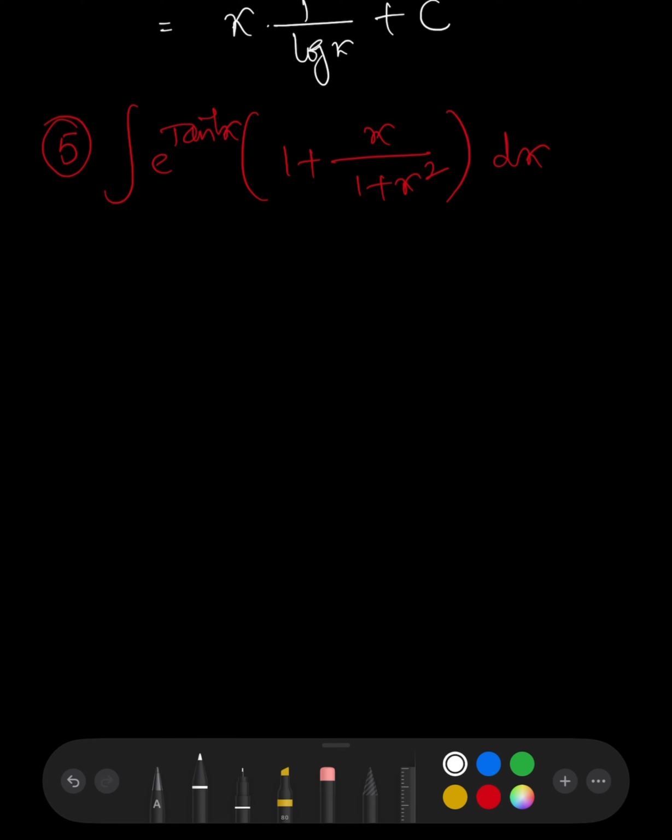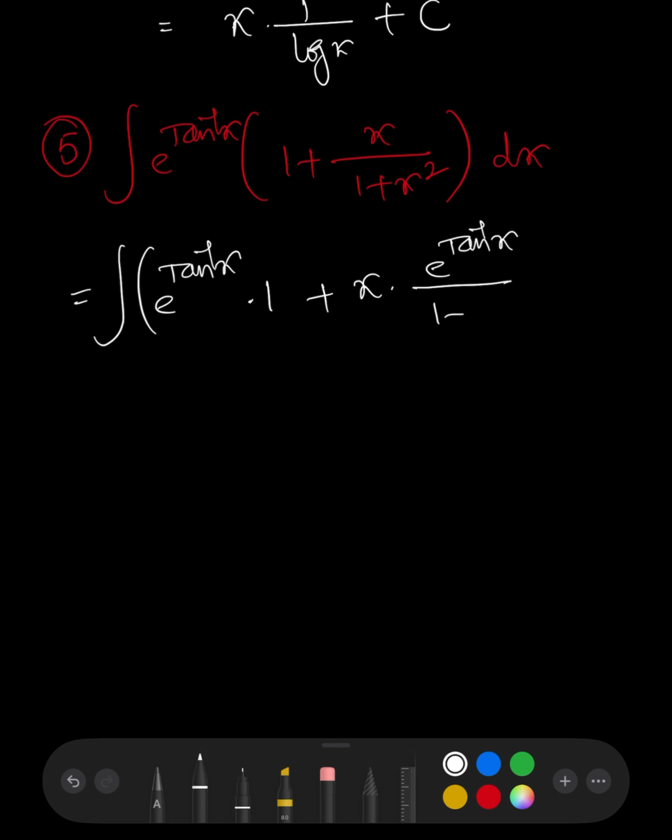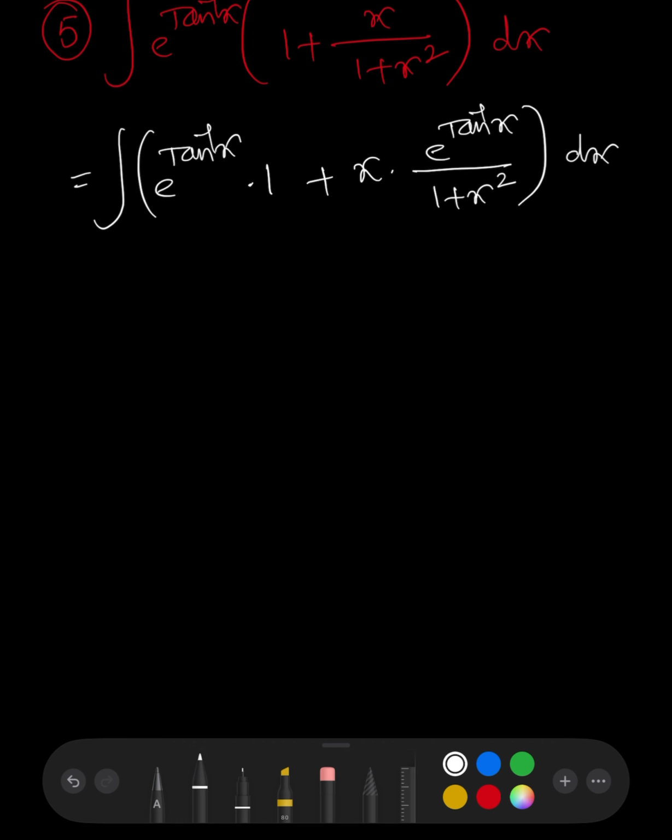Now if you observe this question carefully, it is not in the form of e power x into f of x plus f dash of x. So I can first multiply with e power tan inverse x, that we can write as e power tan inverse x into 1 plus x into e power tan inverse x by 1 plus x square whole dx, right?